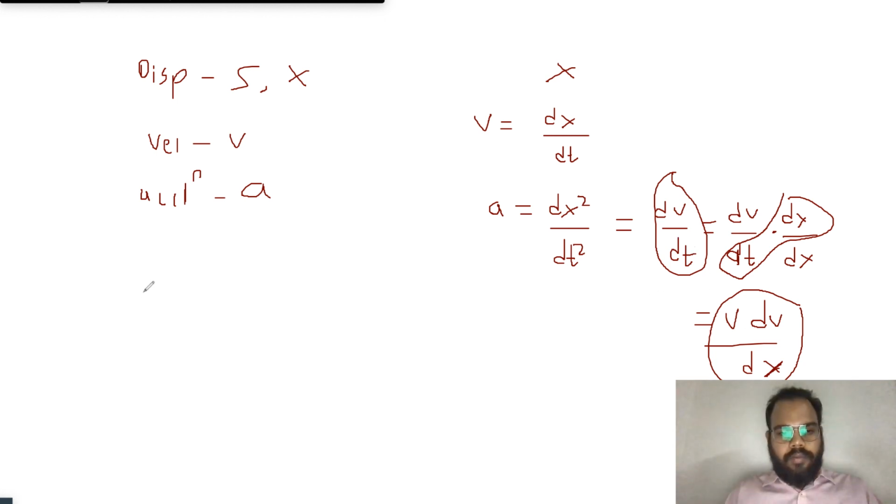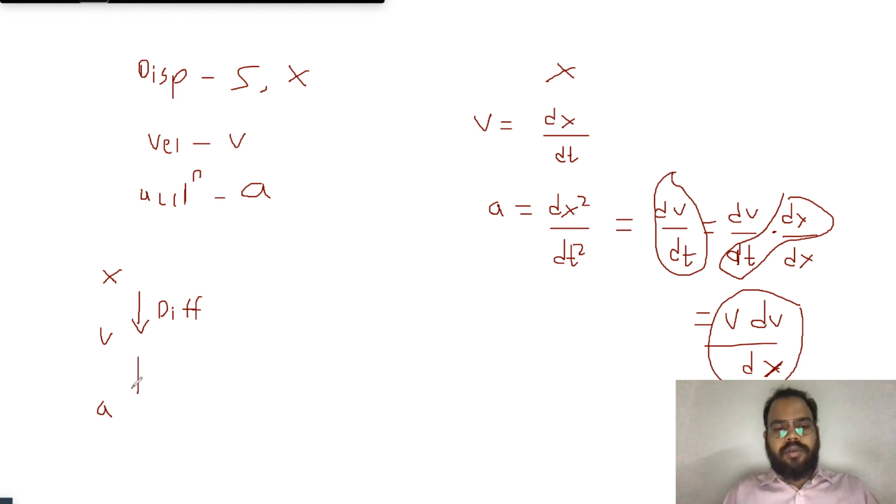I'll also tell you one thing. Suppose this is your displacement, this is your velocity and this is your acceleration. If information of displacement is given to you and velocity is asked, that means you have to move down. For moving down you need to differentiate. That means you will differentiate displacement, that is dx by dt, to get your velocity.